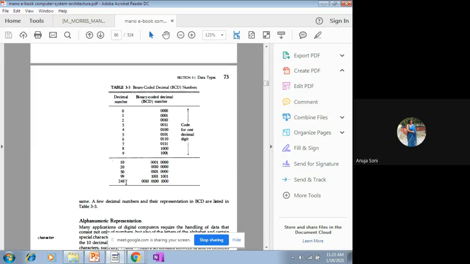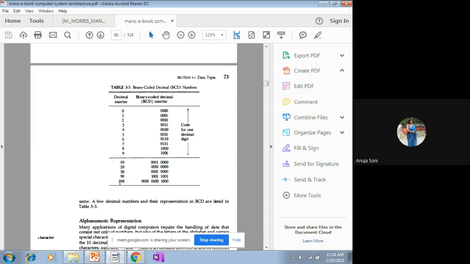But in case of BCD form, what you will have to do is go through the table given above, from 0 to 9. You will have to locate the corresponding combinations of the given digits. What is the combination for 8? It is 1000. So directly we substitute.